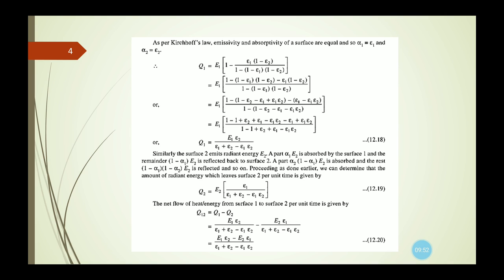So in that case alpha 1, that is absorptivity, equals emissivity epsilon 1 for surface 1, and alpha 2 equals epsilon 2 for surface 2. Now you can represent the alpha by this emissivity. So the mathematical representation becomes like this. That means instead of absorptivity alpha we have put the emissivity by using Kirchhoff's law.